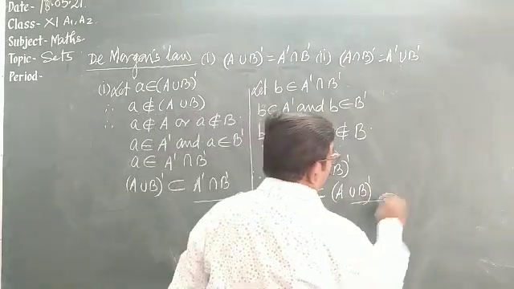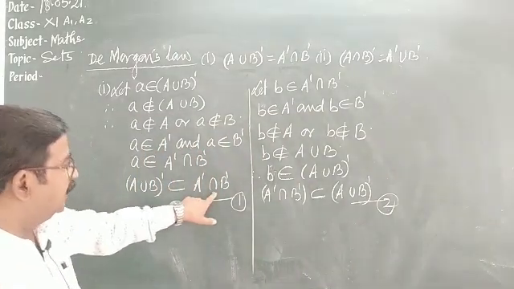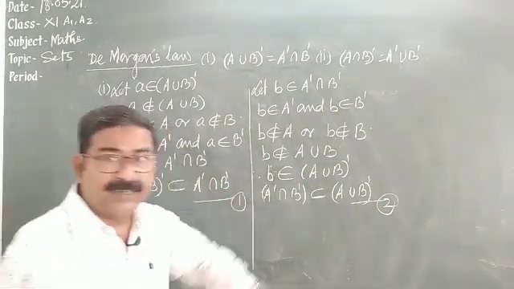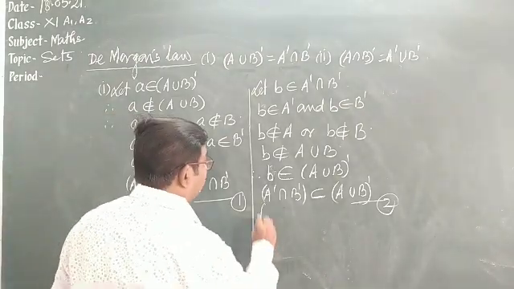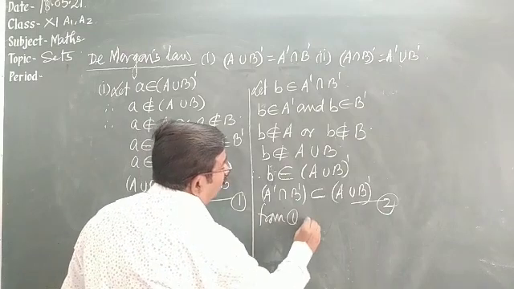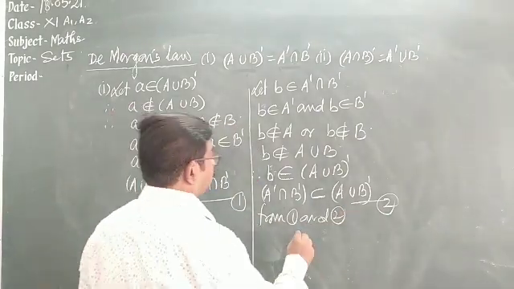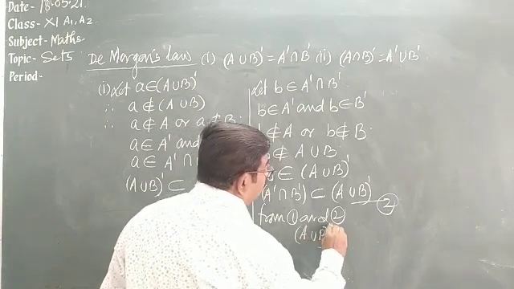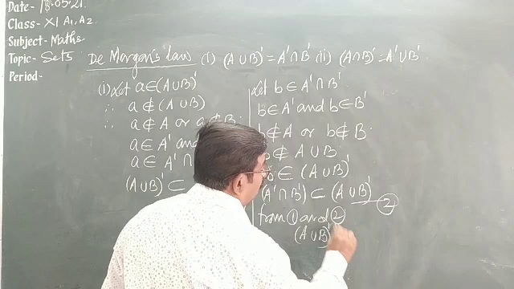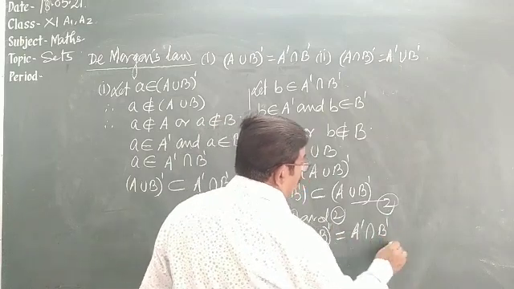Equation number 2. So see here, the first set is a subset of the second set, and here the second set is a subset of the first set. It means both the sets are equal. Therefore from 1 and 2 we get (A union B) complement is equal to A complement intersection B complement.